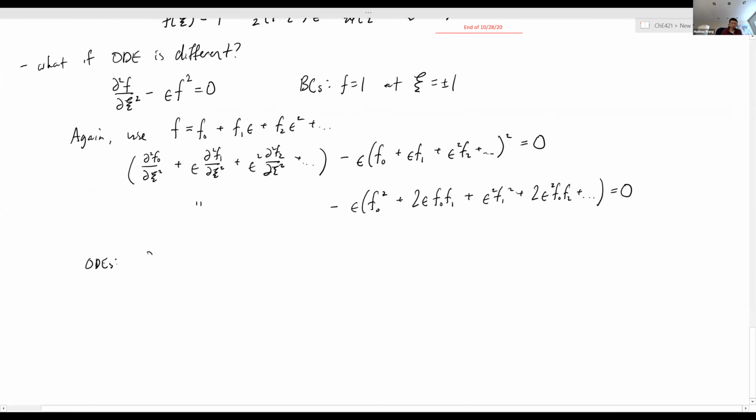So we would get something like this, right? Then we also have the first order epsilon, so order of epsilon 1 terms. That would give us an equation that looks like this.